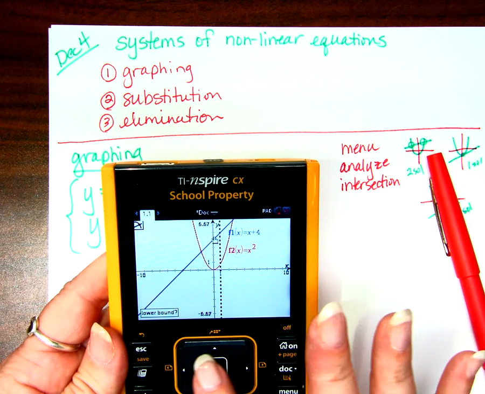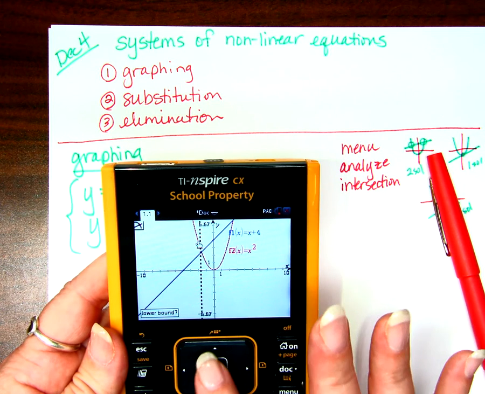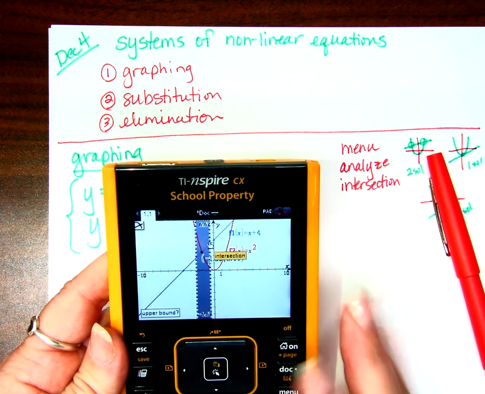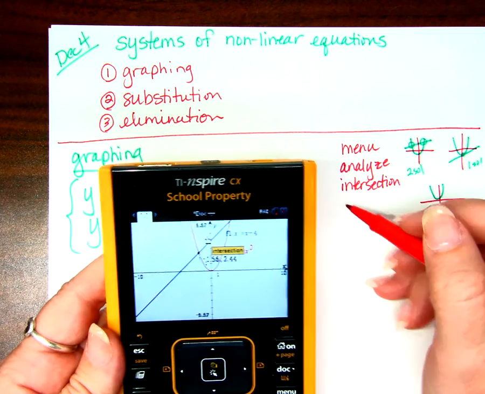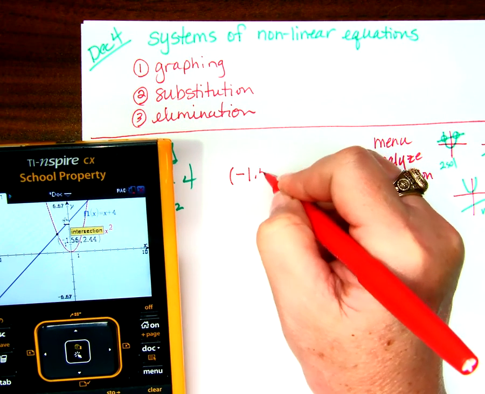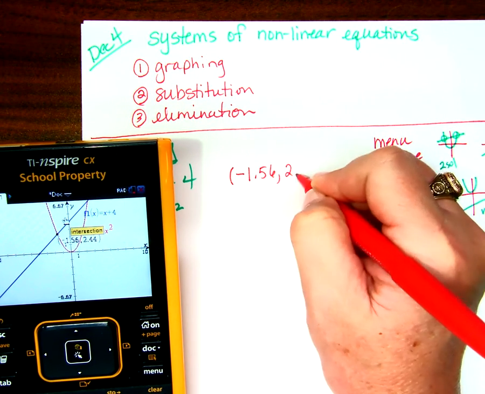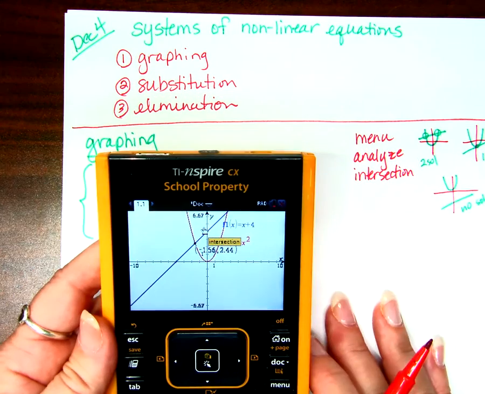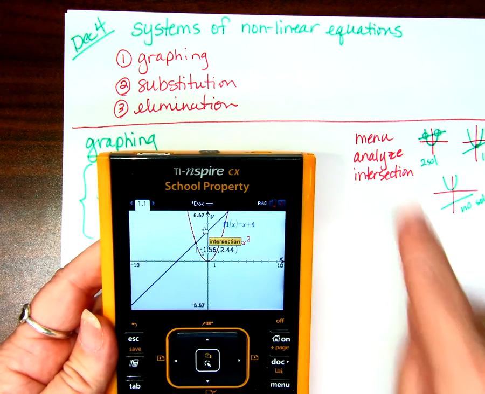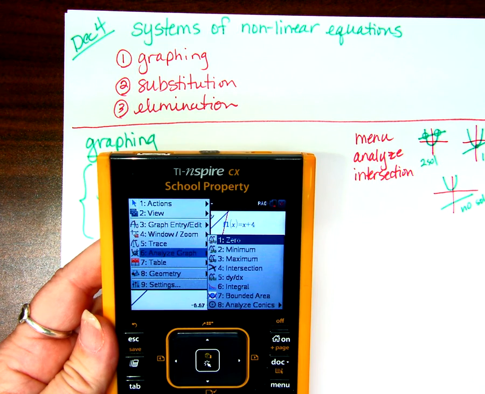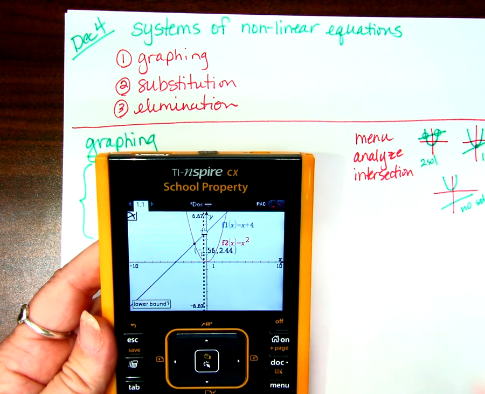That means I've got to put this on the left-hand side of the point of intersection and the right-hand side of the point of intersection. It says my first solution is at negative 1.56, comma 2.44. And then I have to do this again, right? Menu, analyze, intersection.